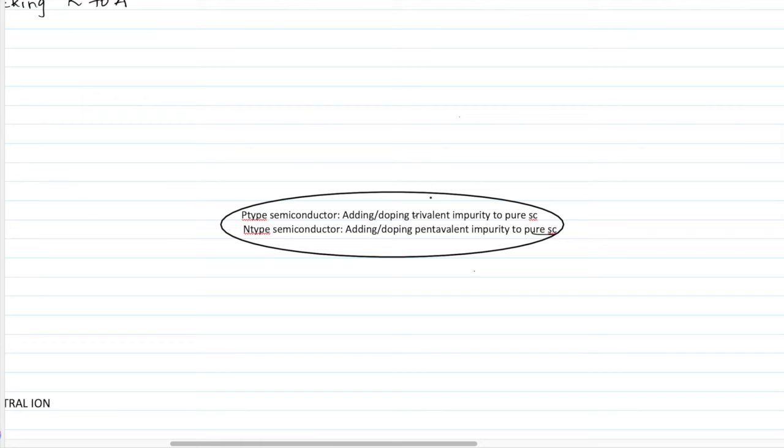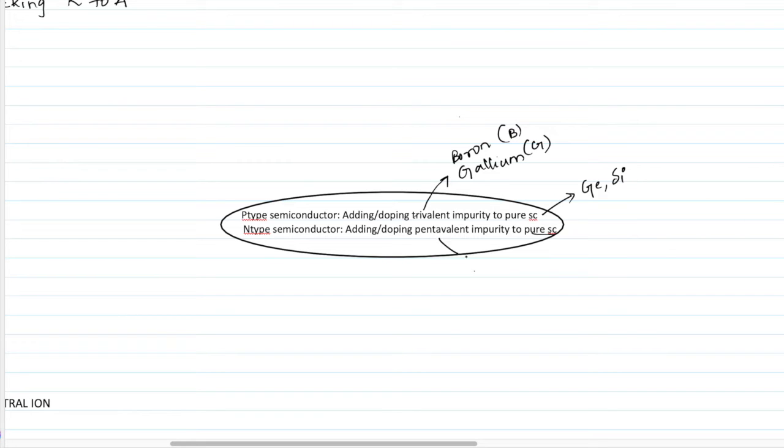If the impurity atom is a trivalent impurity like boron or gallium, and you are adding it to pure semiconductor germanium or silicon, then you will get a p-type semiconductor.